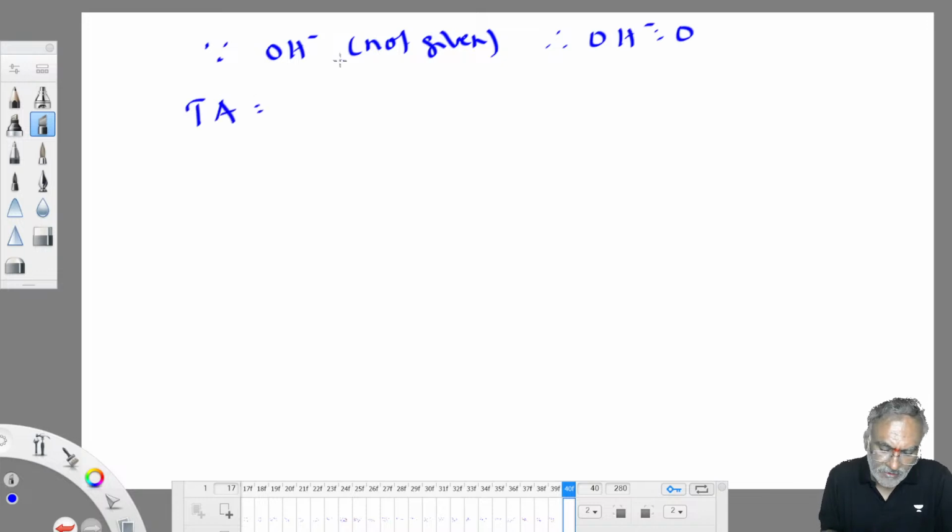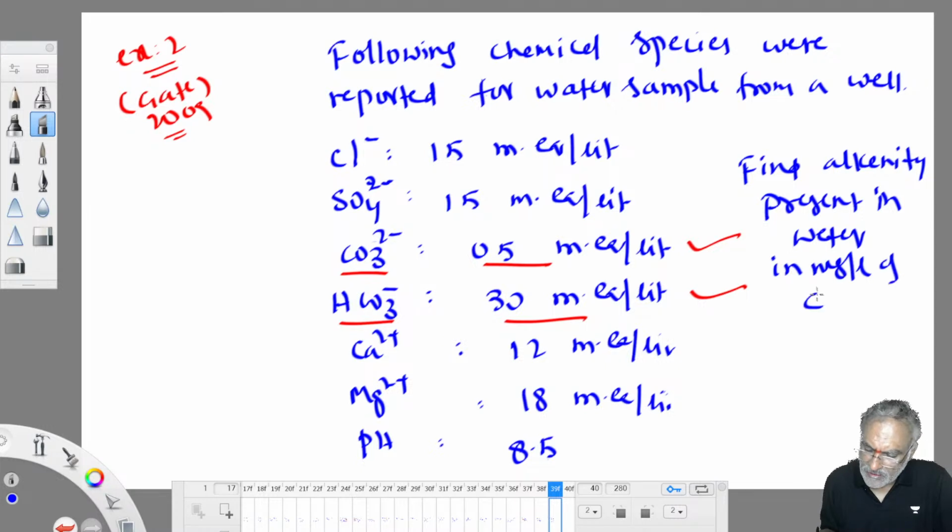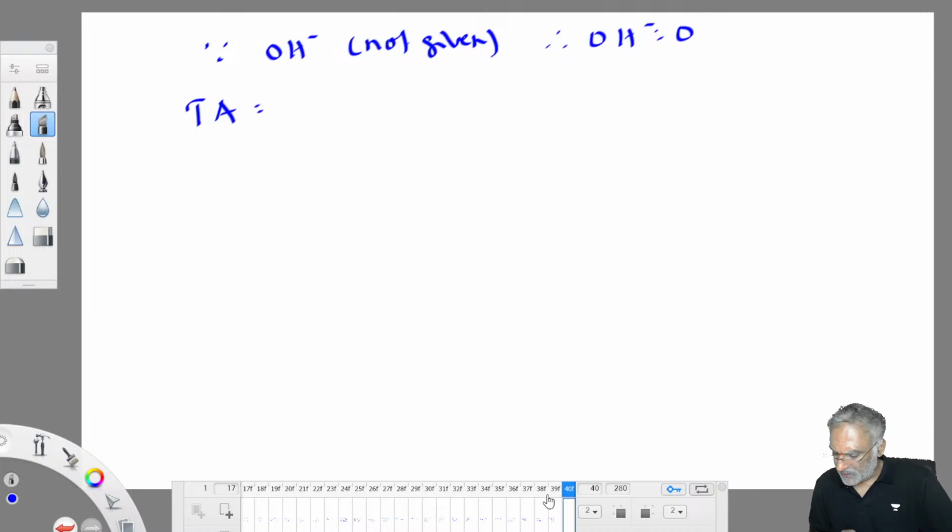Total alkalinity is equal to, and we have been asked to find out the alkalinity present in water in milligram per liter as CaCO3. Only whatever we require, that only we take.